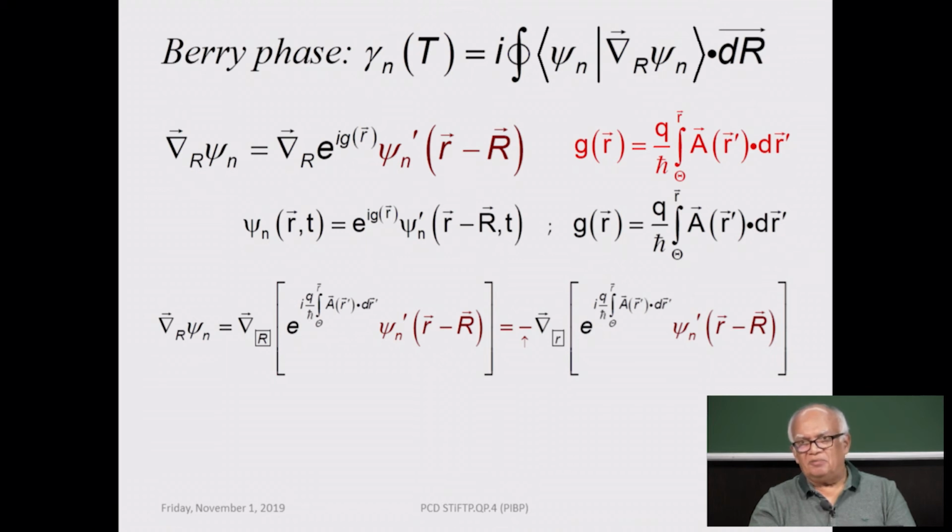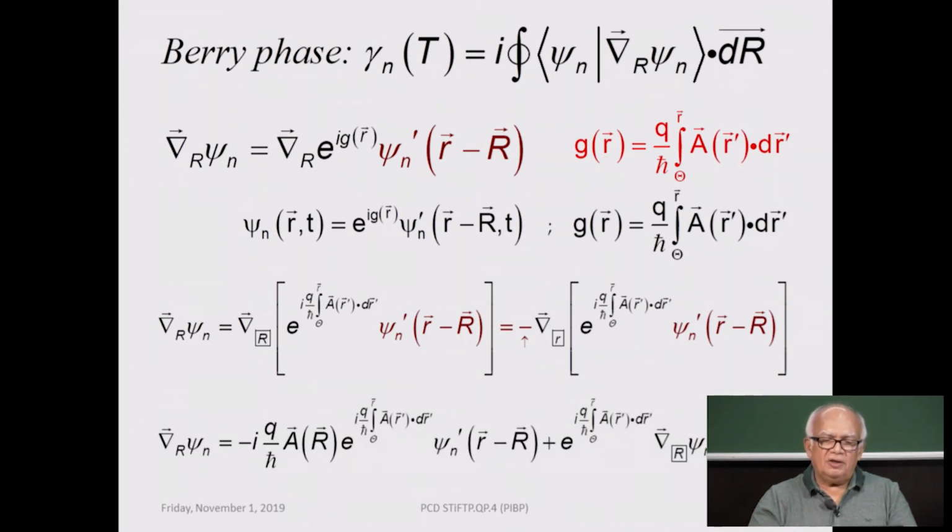That will pick up a minus sign, because the two appear in this context with opposite signs. So, now on the right hand side I can take the gradient with respect to the lowercase r instead of the uppercase R, and when I do that I must use a minus sign, okay.